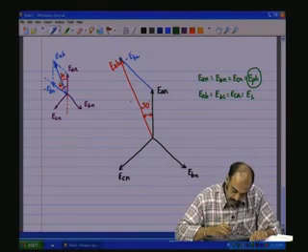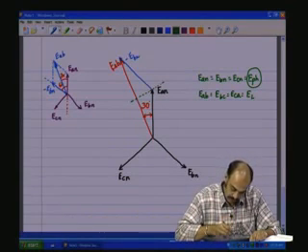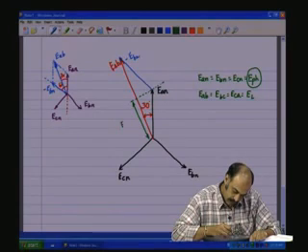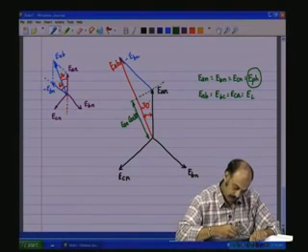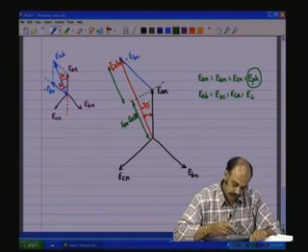So, let me take the projection of the phase voltages onto this. So, EAN cos 30 is going to be the projection of EAN along the AB line. So, this value here is going to be EAN cos 30, and this value from here to here is going to be the projection of minus EBN on to the EAB line.